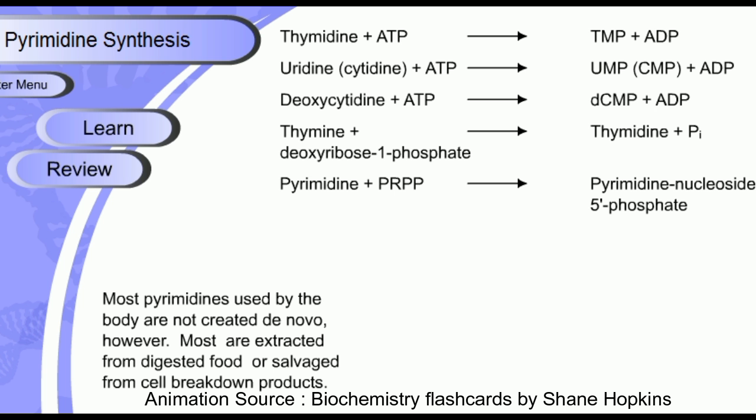If you look at the salvage pathway, most pyrimidines used by the body are not created by the de novo pathway, because most are extracted from digested food or salvaged from cell breakdown products, because it's a better way to utilize and recycle the materials that a cell is producing over its lifespan.